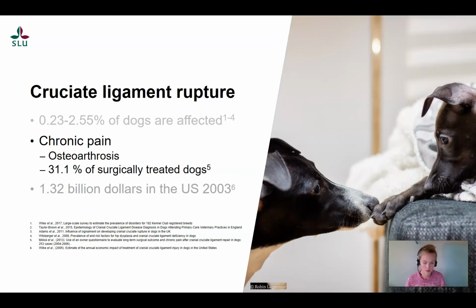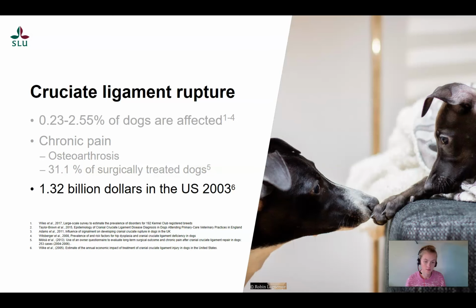This is a degenerative, chronic, low-grade inflammation associated with varying degrees of pain, and it progresses in the affected joint regardless of treatment method, so we have no cure for this. One study reported that about a third of dogs surgically treated for cruciate ligament rupture had signs of chronic pain a few years after the treatment.